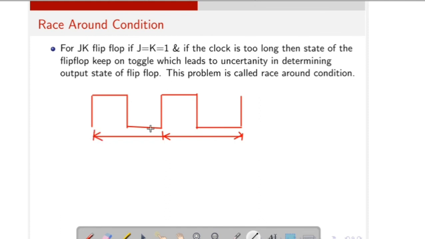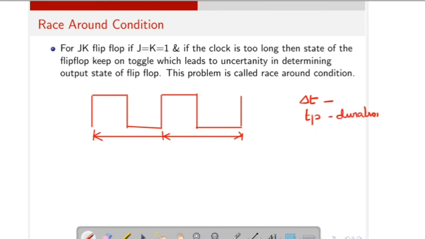Suppose the propagation delay of the circuit is delta t. Delta t is very much lower than the Tp of the clock pulse, where Tp is the duration of the pulse.